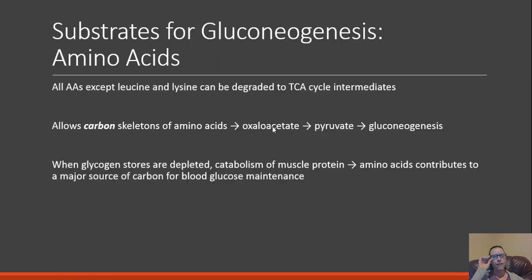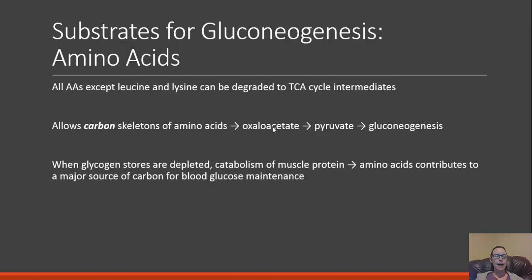Okay, so then our next substrate that we'll talk about for gluconeogenesis is amino acids, and nearly every amino acid can be degraded to an intermediate of the TCA cycle, except for leucine and lysine.